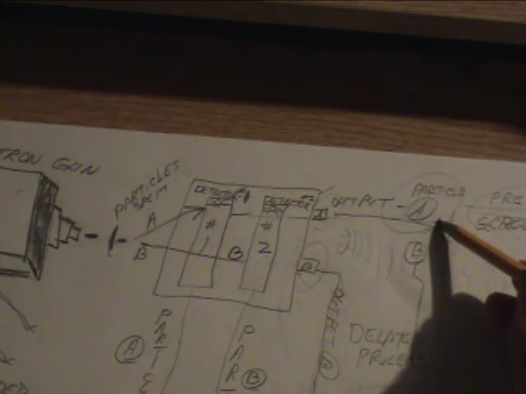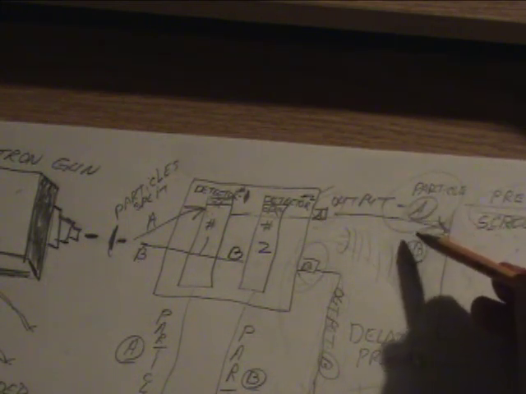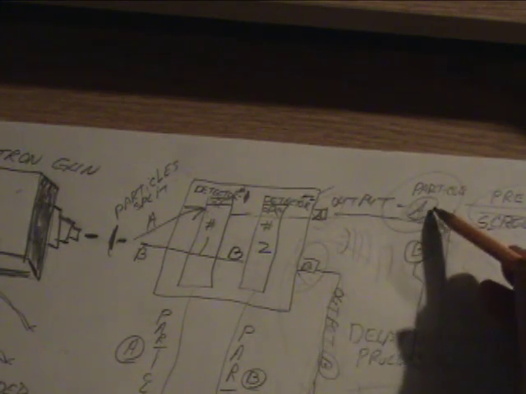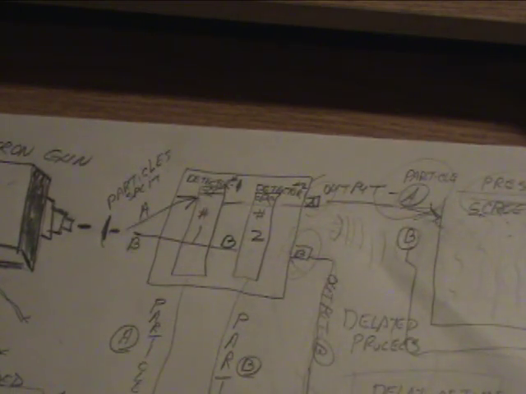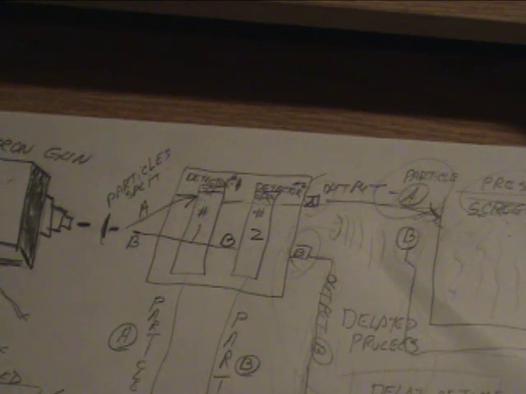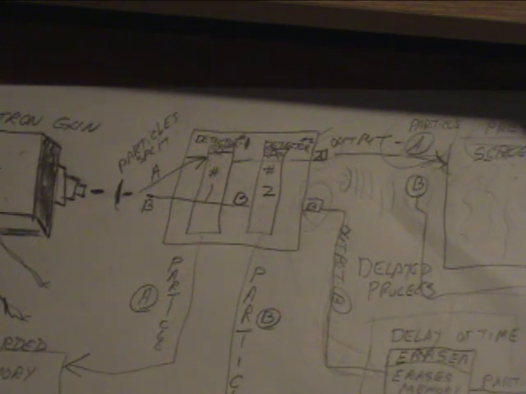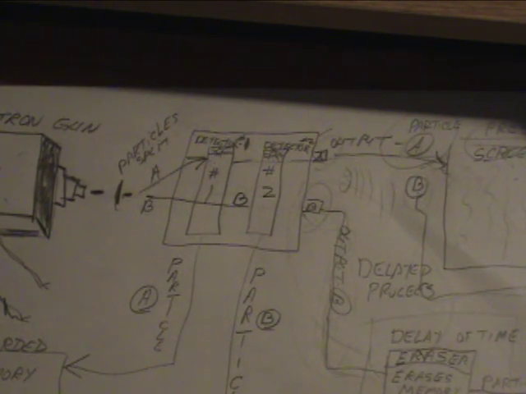And this one had registered, so this represents the present, and this present affected the past. It communicated even after it was delayed. The particles communicated even after the delayed process of particle B.